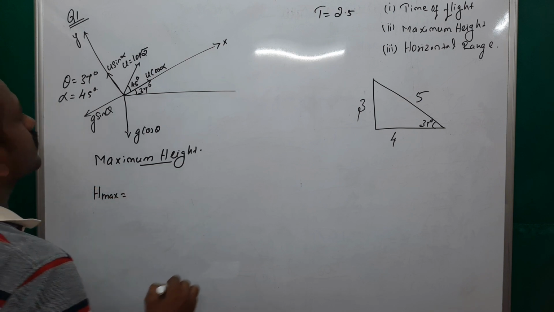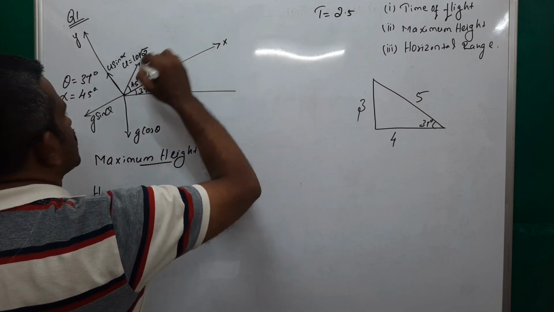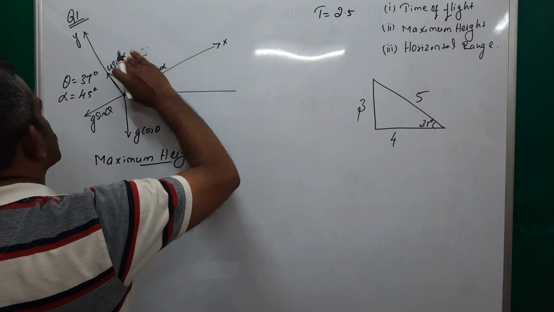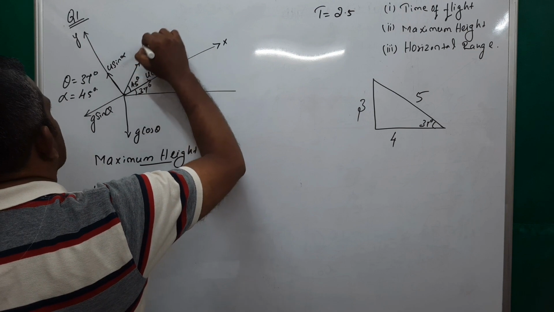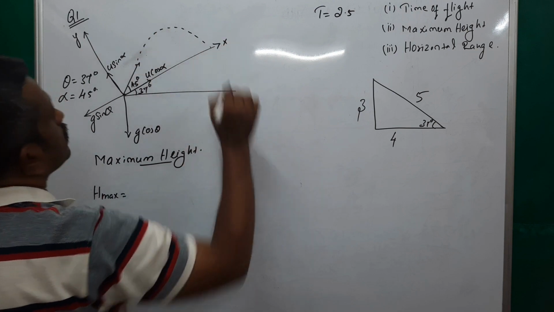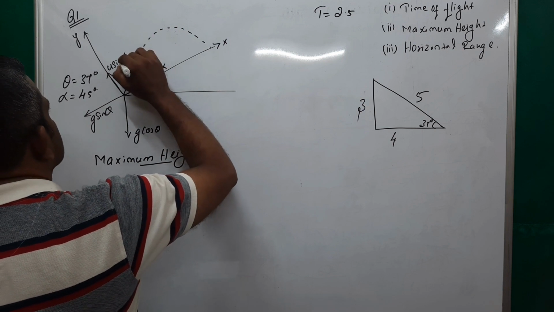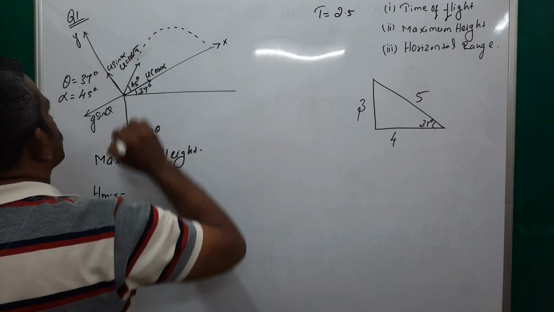Suppose the projectile is like this. What is the trajectory of the projectile? This is the trajectory. So u is equal to 10 root 2.